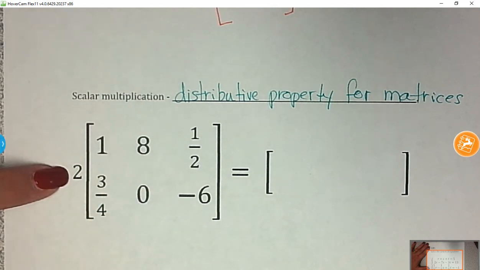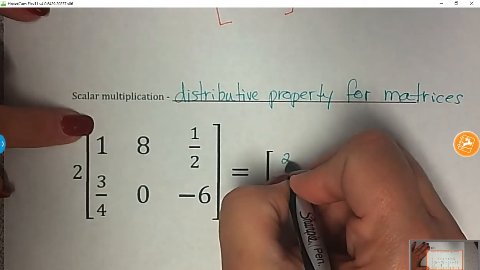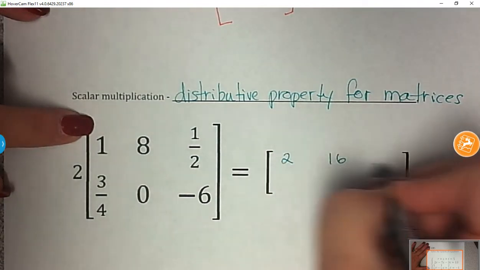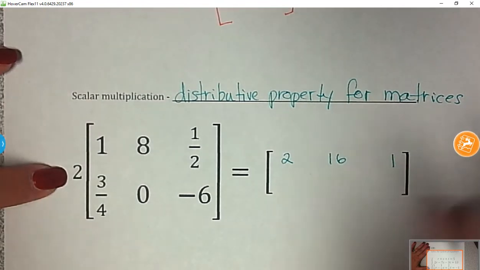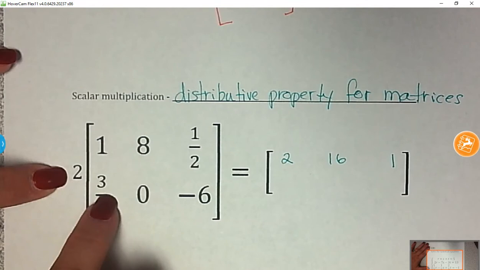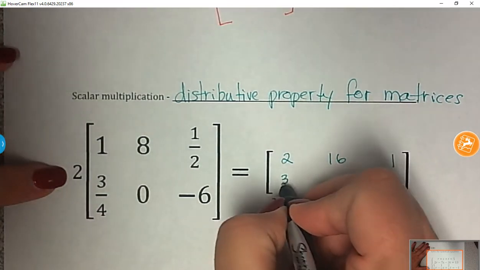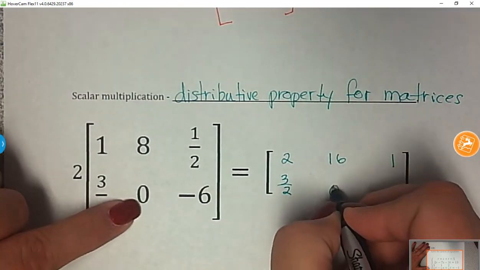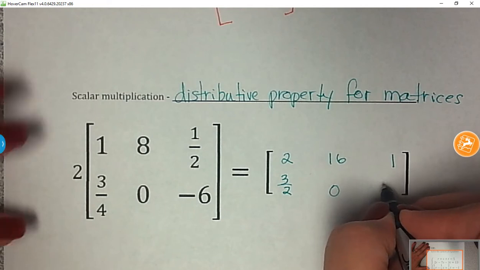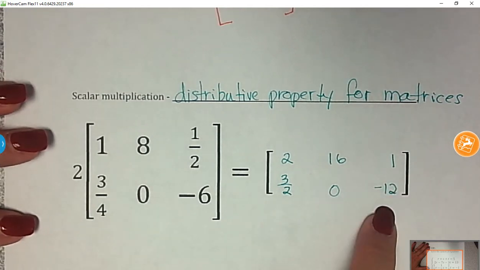So let's do one row at a time. 2 times the entire top row will give me 2, 16, 1. And 2 times the entire bottom row is going to give me 6 over 4. That reduces to 3 halves. 2 times 0 is 0. And 2 times -6 is -12. This is your answer.